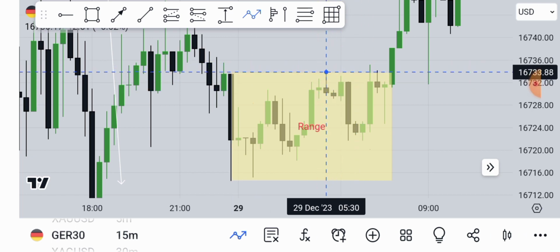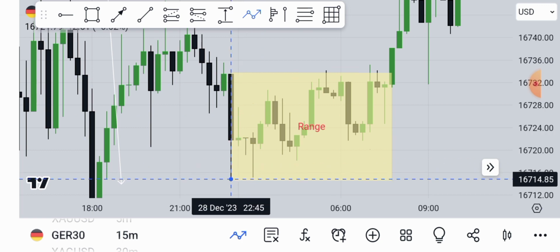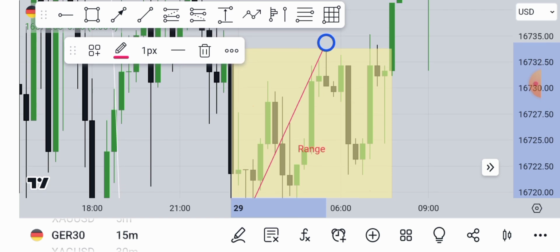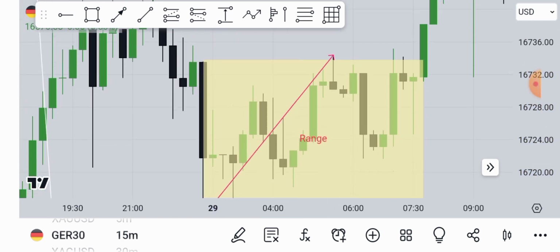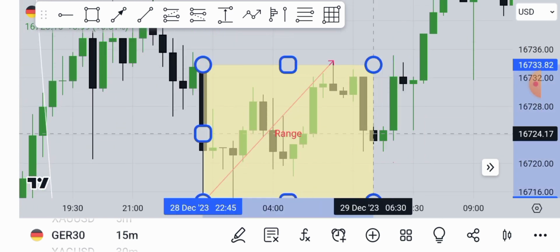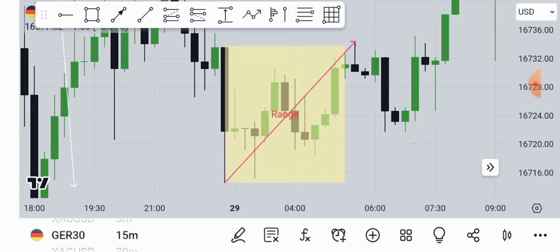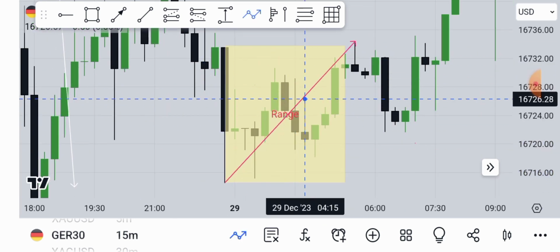As you can see, this candle took out this low. So from here to this high, it's an impulsive move, as you can see. So the range is between these points that I have marked here.